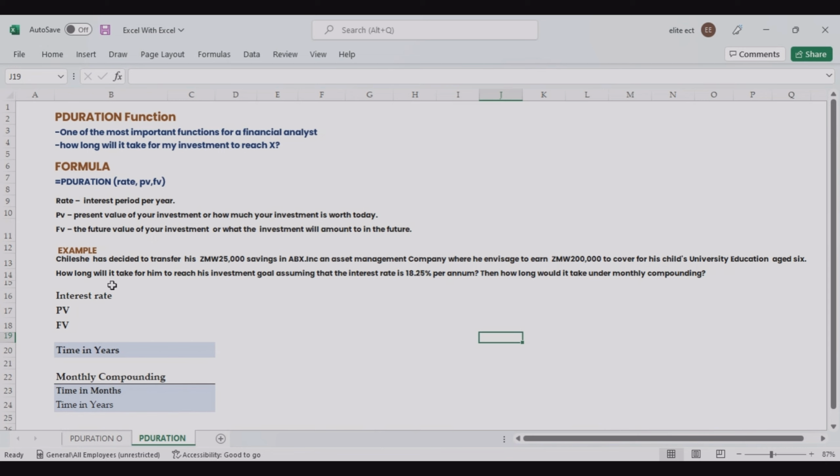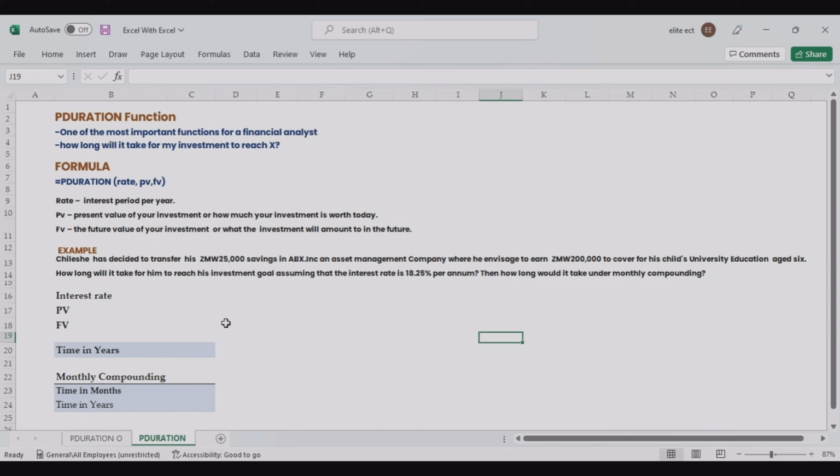How long would it take for him to reach his investment goal, assuming that the interest rate is 18.25% per annum? How long would it take under monthly compounding?